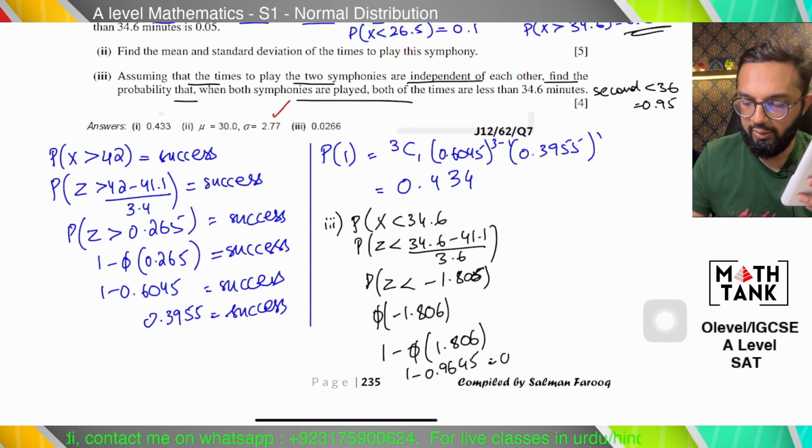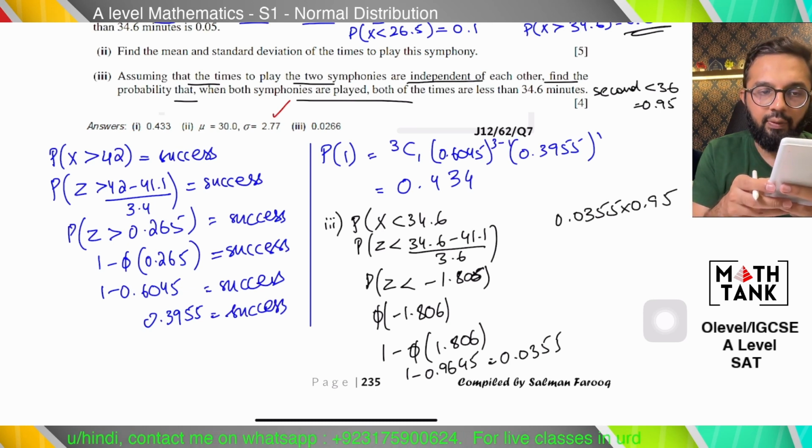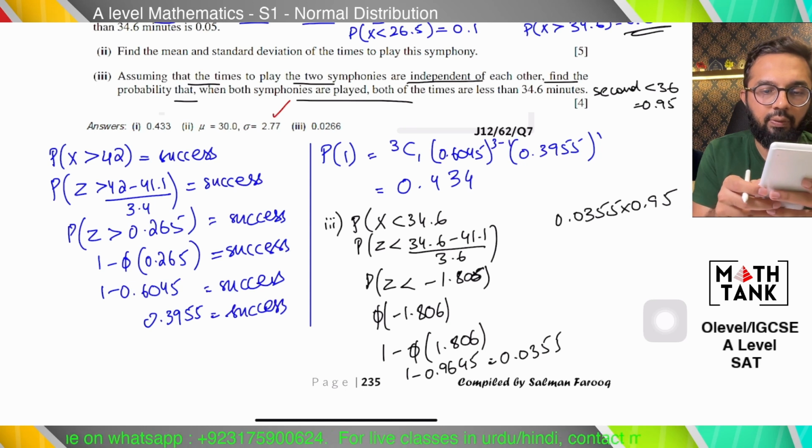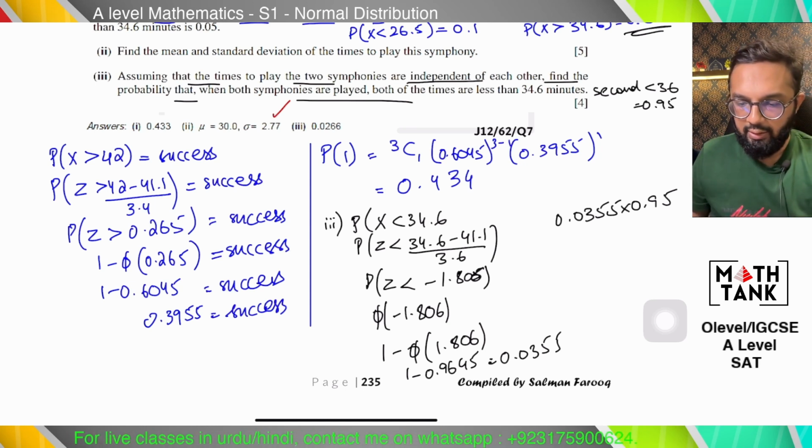That's 0.0355. Let's check if we are still getting the right answer or not. 0.0355 multiplied by 0.95. I'm still not getting the right answer.